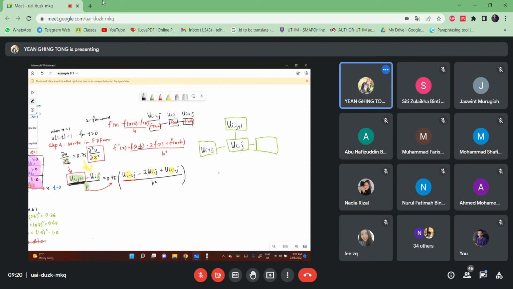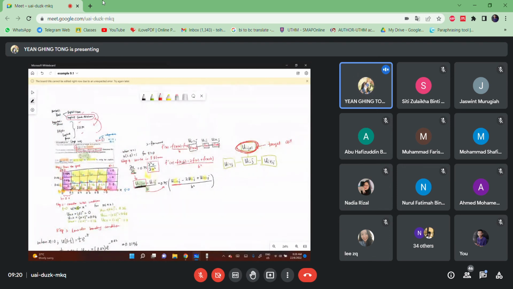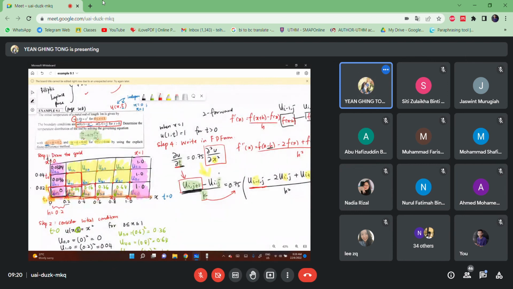Nanti I will change this molecular graph to this one, and find u21 with respect to this one. Macam ni. Nanti saya lukis balik lah.